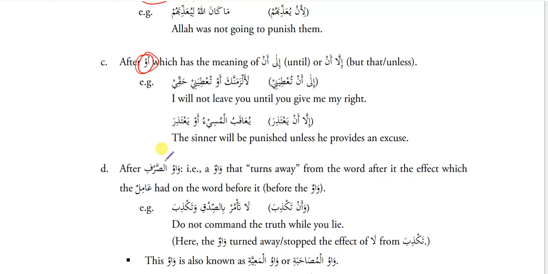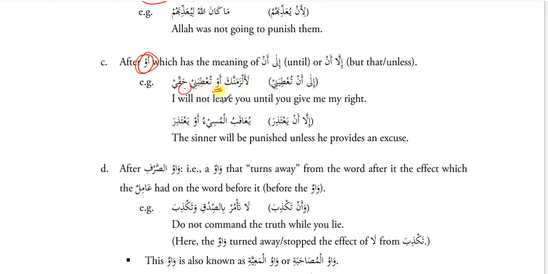Aw is actually a harf atf, which is not responsible for changing i'rab, not responsible for making a change in any other word's i'rab. They do not bother any other word. That's the actual use of aw. But here we are using aw and then eliminating the noon. So it was actually tu'tiyani.